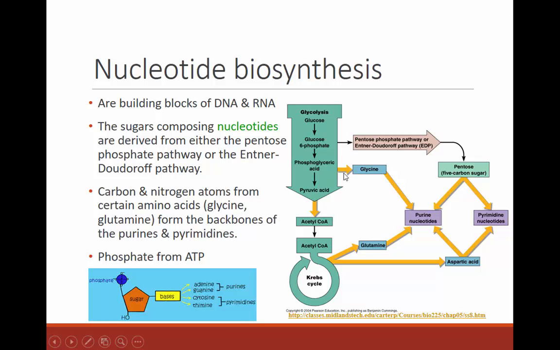You can get these glycine, glutamine, making the purine nucleotides, or you can go through the pentose pathway, so it can make either pyrimidine or purine. So the two different types that we have are purine and pyrimidine. So you don't have to worry too much about that, but it's just to realize that they are different structures to join together and then produce that coding in your DNA.